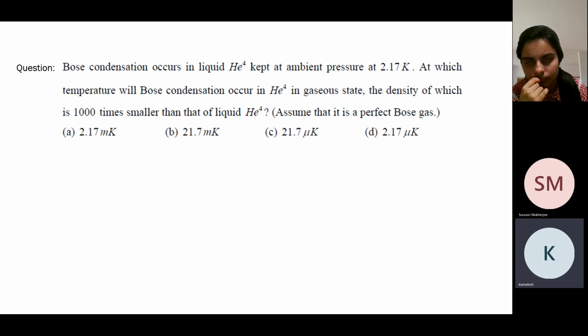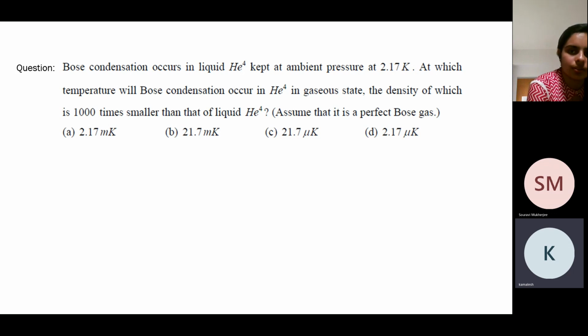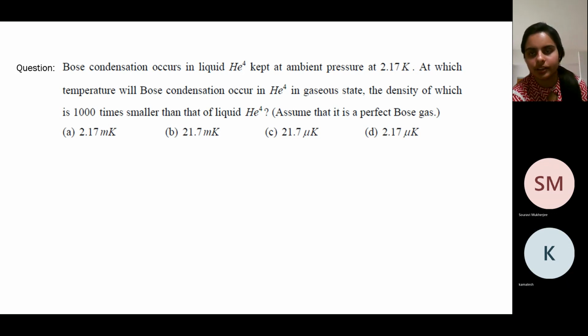0.0217 Kelvin. Right. And that is equal to... change it to millikelvin. Yes, ma'am. 2.17 millikelvin. 0.0217 Kelvin. If you want to change it to millikelvin, you will multiply by 1,000, right?